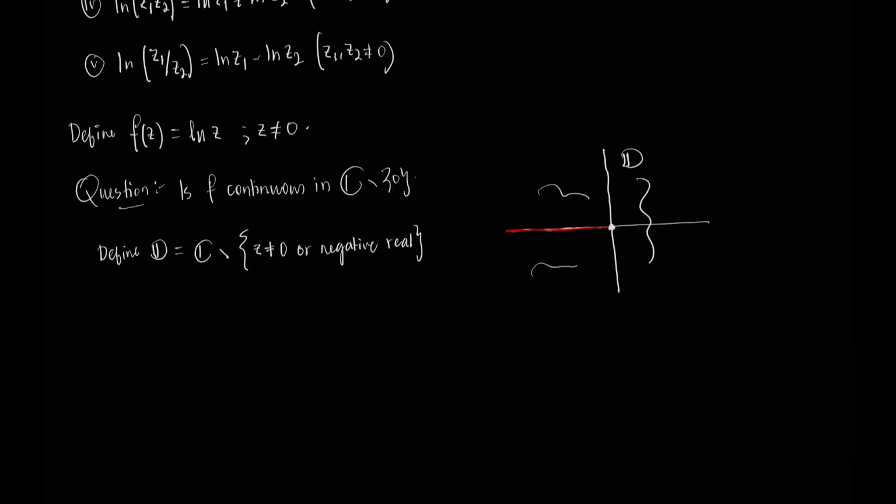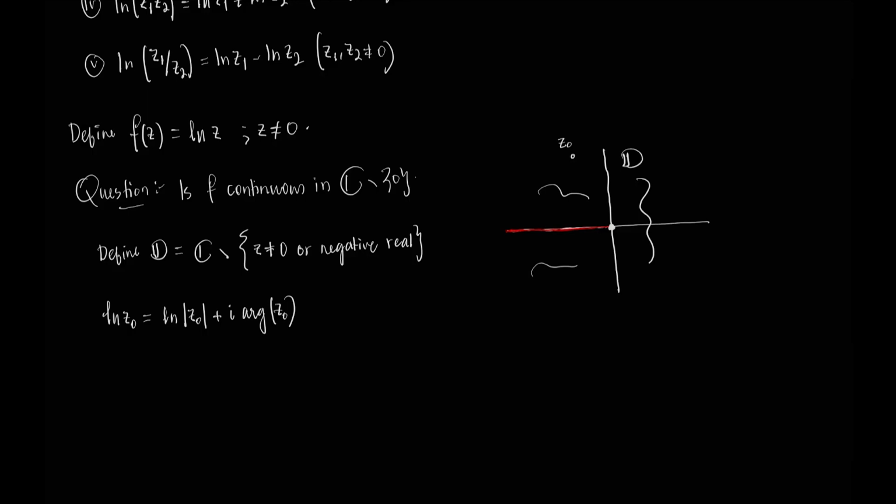Now in this domain, take any point, let's say z0. Can I define log of z0? Of course I can. Log of z0 is nothing but the real log of the absolute value plus i times the argument of z0.